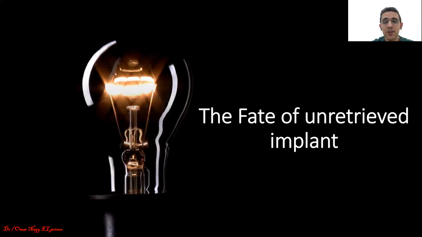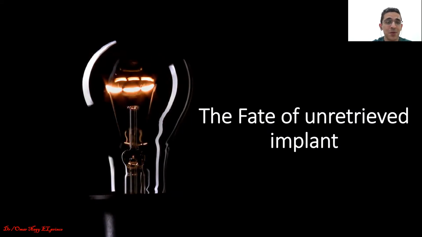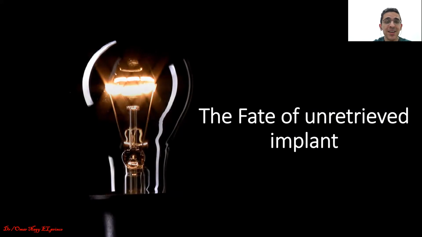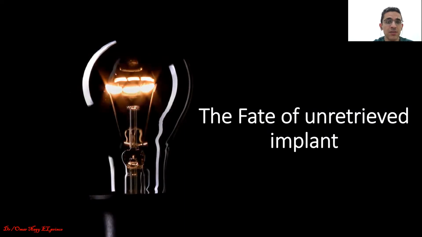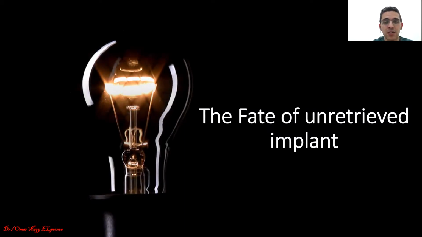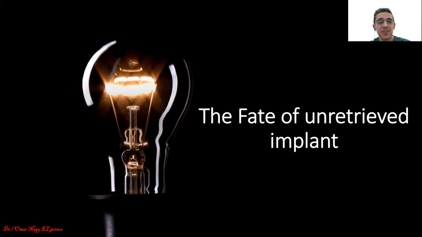So the fate of an unretrieved implant is like the fate of a retained apical third. As you remember from your undergraduate studies, I myself teach my students what is the fate of a remaining apical third. So now we have the fate of an unretrieved implant from the maxillary sinus.